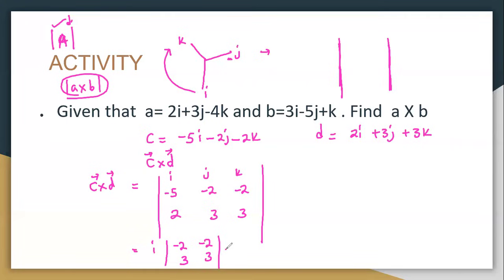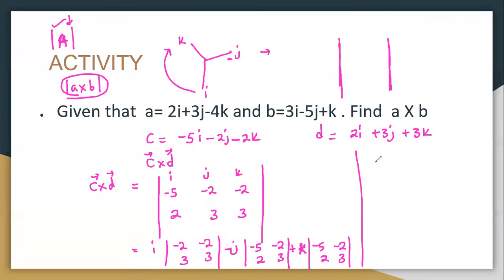Then -J, -5, 2, -2, 3. Then plus K, -5, 2, -2, 3.